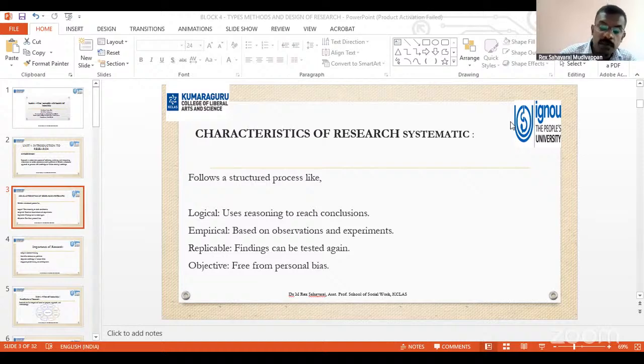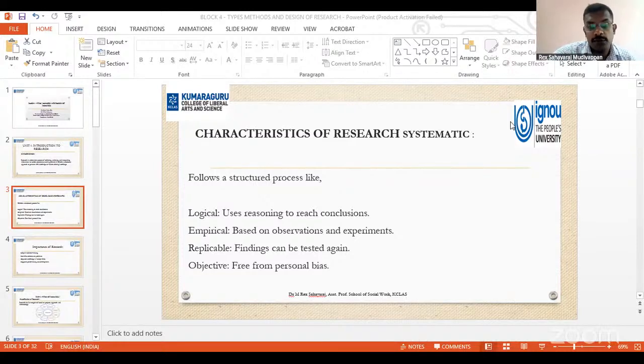But in pure science, for example chemistry, I don't know much about chemistry, the results should be the same, even if you do it in Canada, the US, Saudi Arabia or India. But that is not possible in social sciences, where it can be similar.